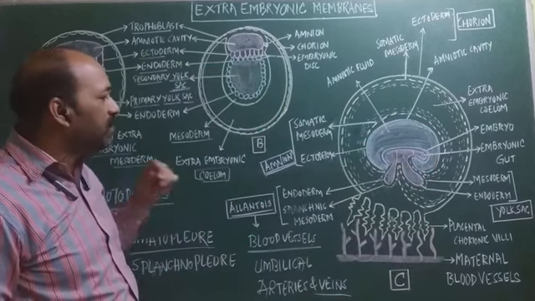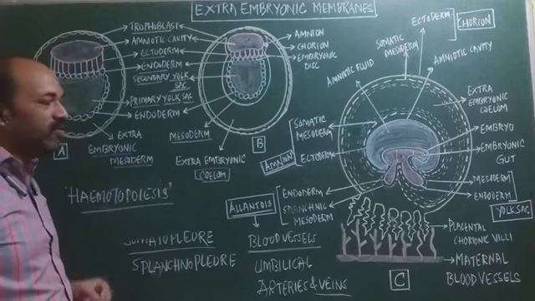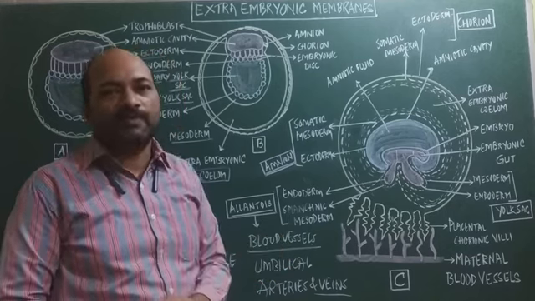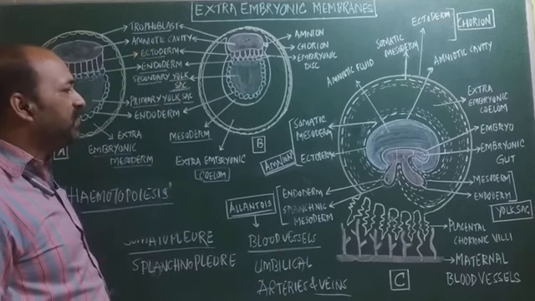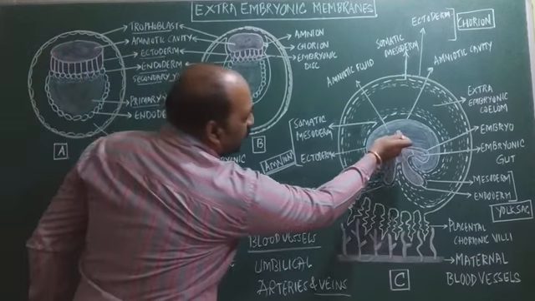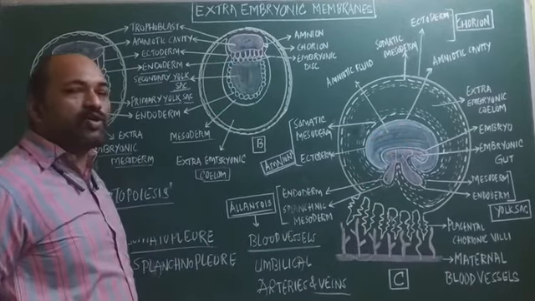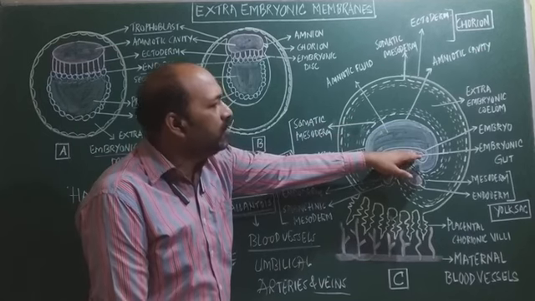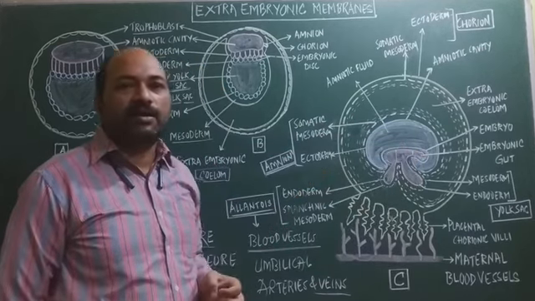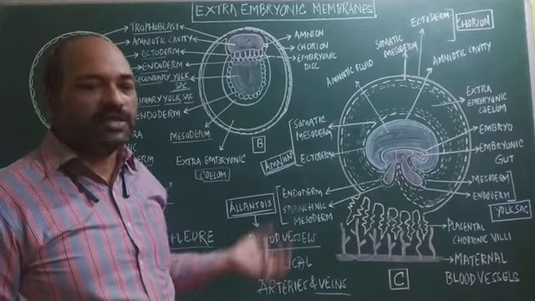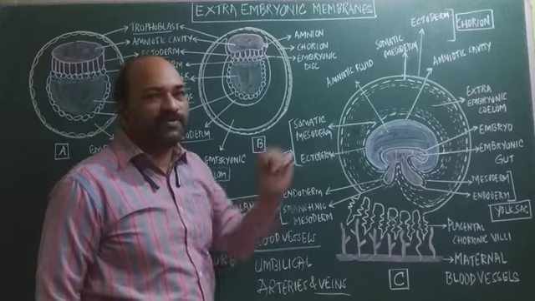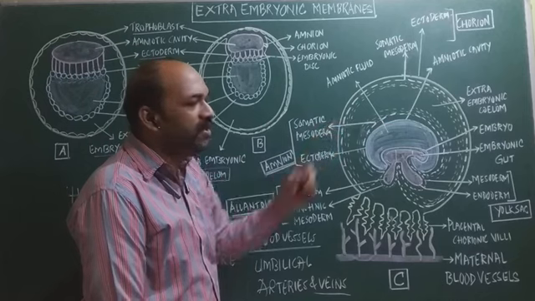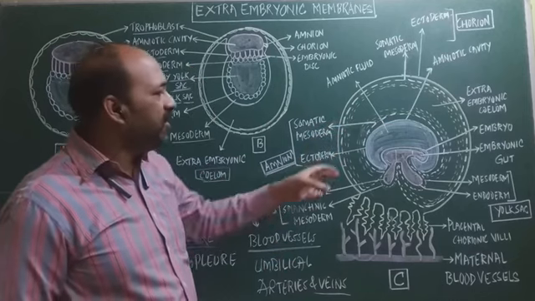Now this amnion, which consists of the amniotic fluid, has many functions. One function is that amniotic fluid acts as a cushion and protects the embryo against mechanical or physical injuries. That is the first function. Second, amniotic fluid allows fetal movement.